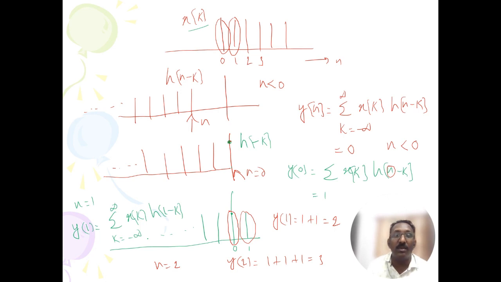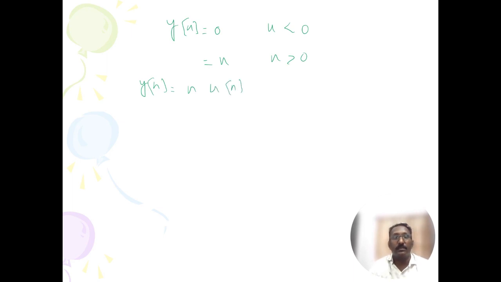So the final value you will get is: y of n is 0 as long as n is less than 0, and as n increases, for n greater than or equal to 0, this can be written as the final output. y of n can be written as n into u of n, or 1 into u of n, because at n equal to 0 its value is 1.